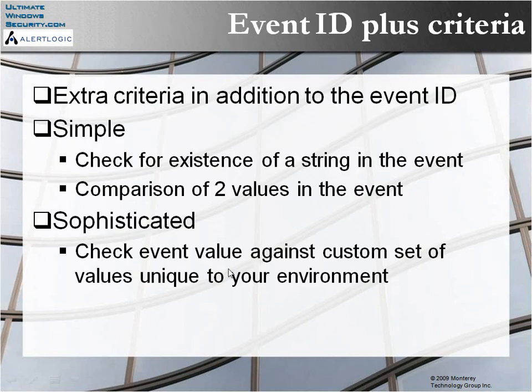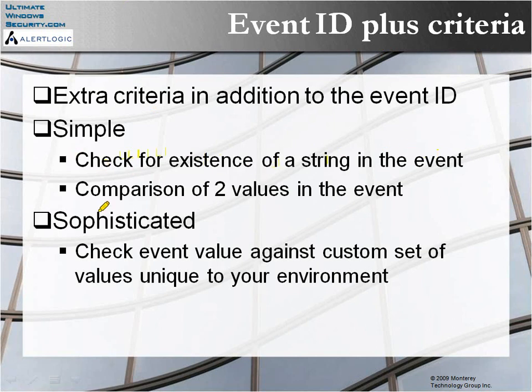Now, event ID plus criteria. With some of this top 10 list, it'll simply be an event ID that you look for. But for most of these indicators, it's the event ID plus some additional criteria. For example, you may need to check for the existence of a string in the description of the event.